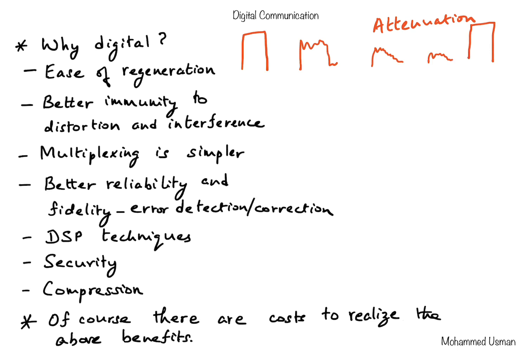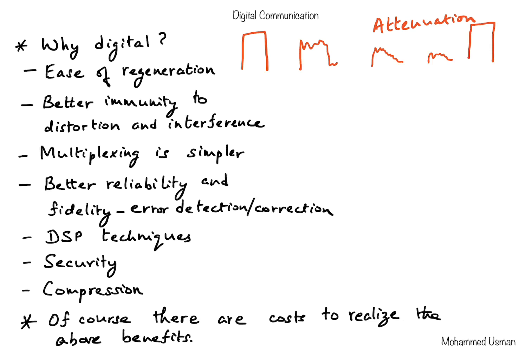So this multiplexing of multiple signals on the same communication channel is simpler in a digital system, because whether we are dealing with user A's data or user B's data or user C's data, all of them are ones and zeros. So a 1 is a 1 irrespective of who it belongs to, a 0 is a 0 irrespective of who it belongs to. Similarly, if we have binary data coming from a speech signal or binary data coming from a video signal, the ones and zeros would all mean the same.